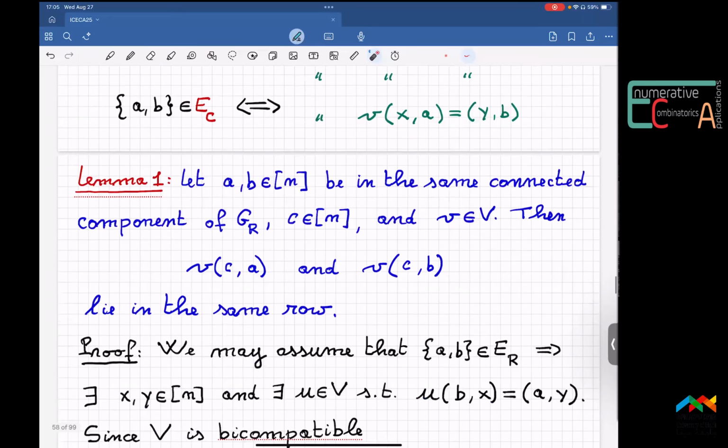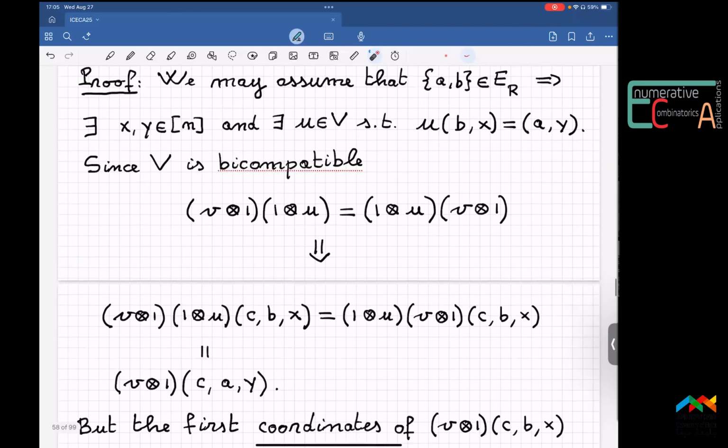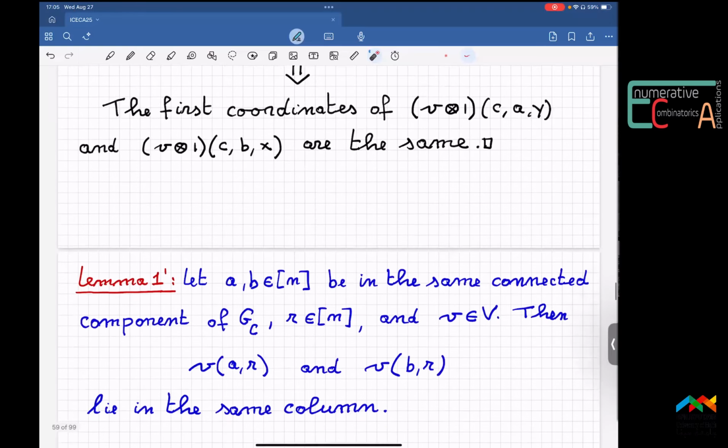This graph has some interesting properties. Very briefly, take, for example, A and B in the same connected component of G_R, a number C and an element of the group. If you take two elements in the same row and in these two columns connected in G_R, then after you apply any element of the group, they're again in the same row. I had also written down the proof. And same for columns.